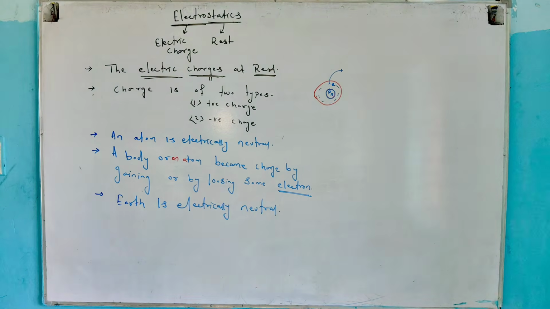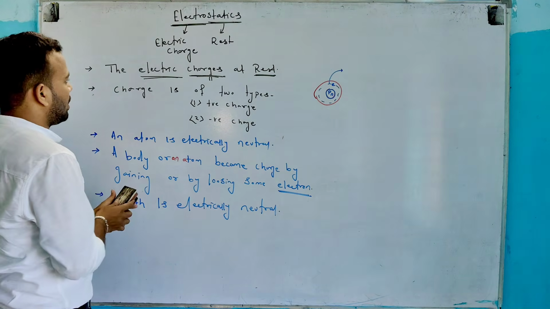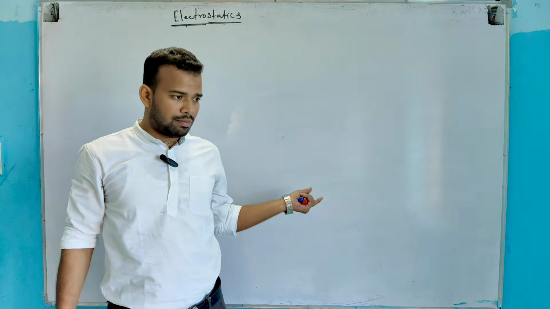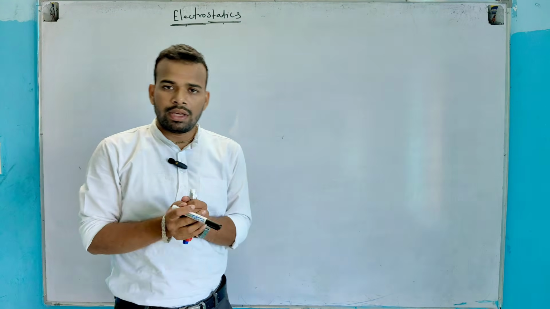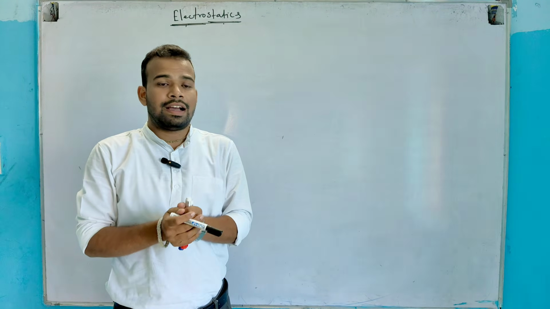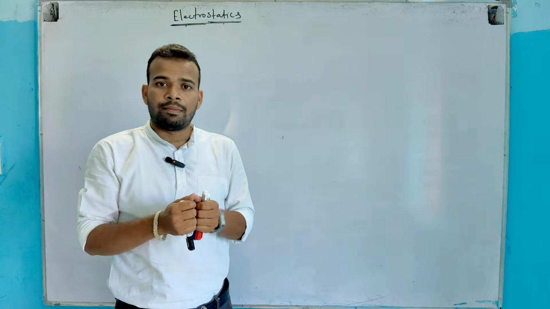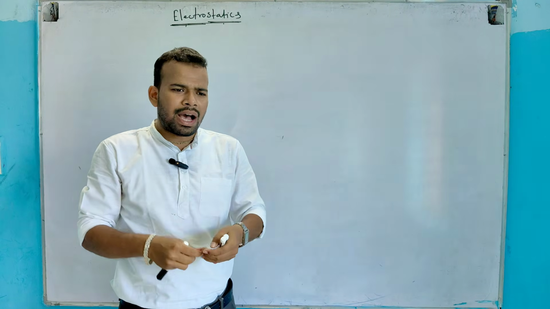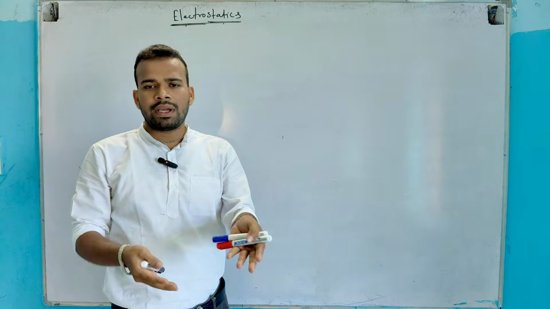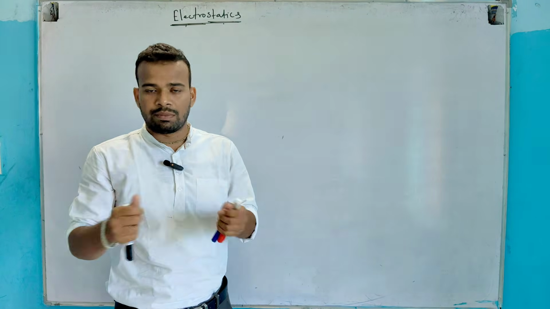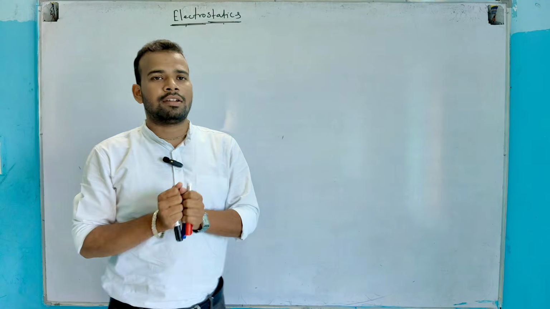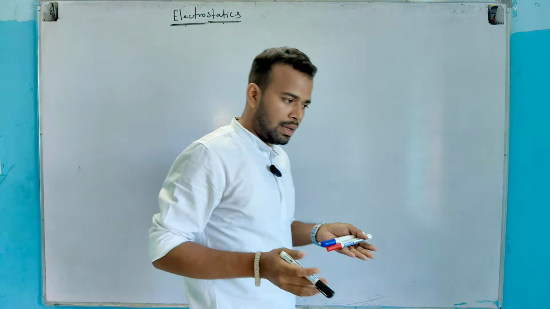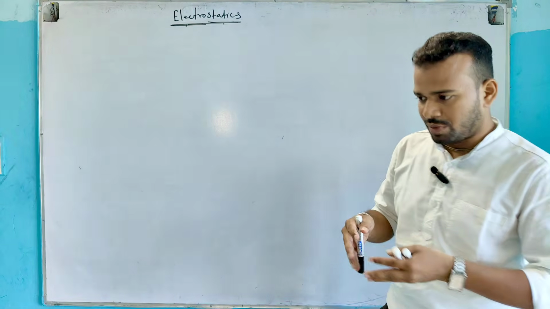Now we are going to discuss more about electric charges. A few minutes ago we discussed that a body is electrically neutral and a body becomes charged by gaining or losing some electrons. So how could we find whether a body becomes positively charged or negatively charged?